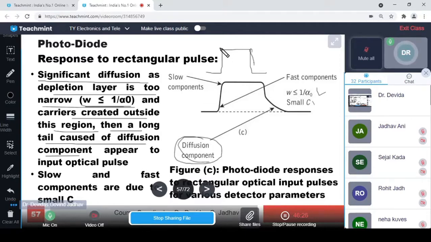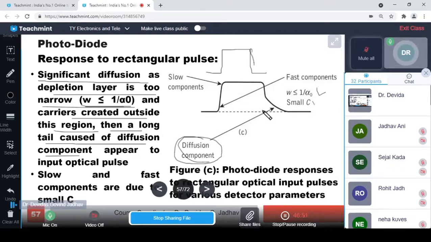Okay, so the rectangular pulse will start like this at almost the same time, but due to the diffusion region, the charges created here will be collected on the other side late.